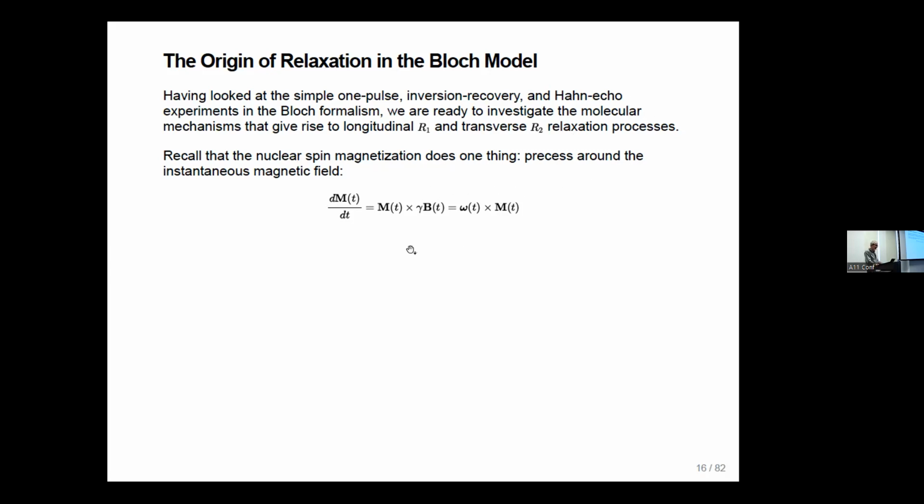So that's this equation. The time dependence of the magnetization depends on the cross product between the instantaneous magnetic field, multiplied by minus gamma to be in angular units, and the magnetization.